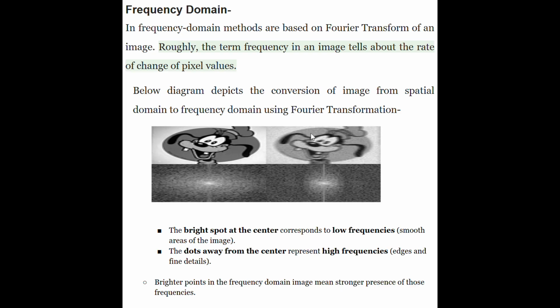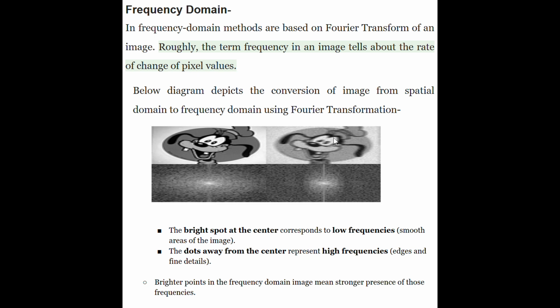The picture below it is the conversion of the input image from the spatial domain to the frequency domain using the Fourier transform. If you apply a Fourier transform to this image, your resulting image will look like this, where you are not able to identify any object, but you can see the frequency distribution.